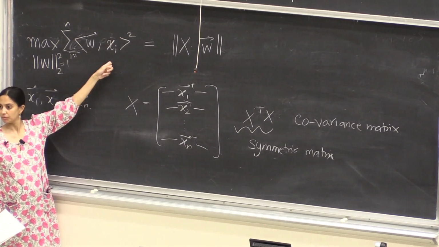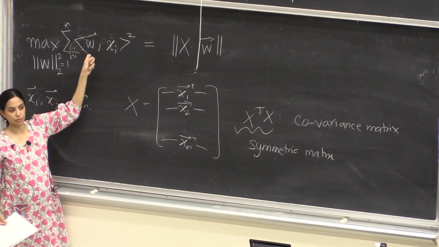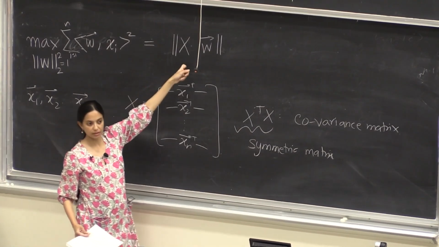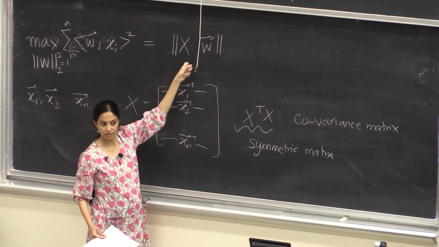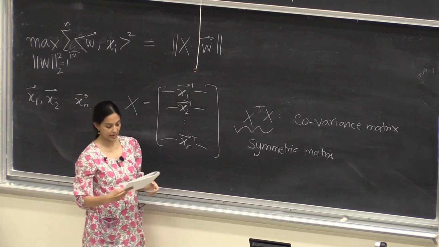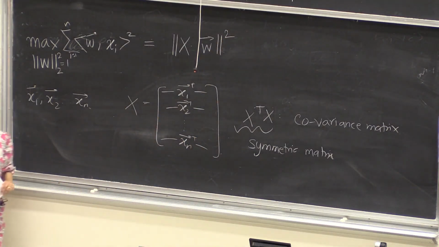So this is x1 transpose w, x2 transpose w, x3 transpose w, and so on. I can just write this as the matrix X times w, and that gives me the exact same thing, just squared. I'm just rewriting this.